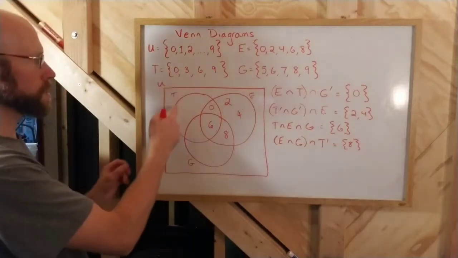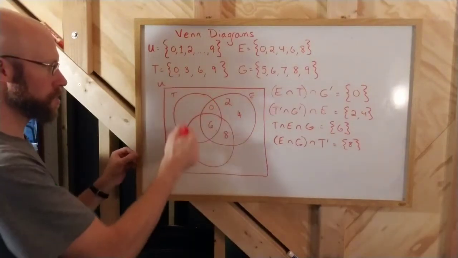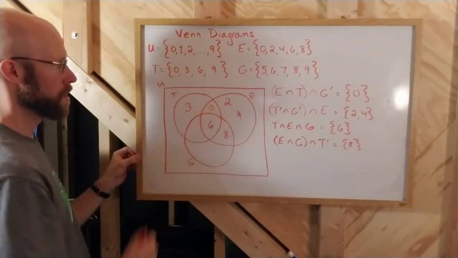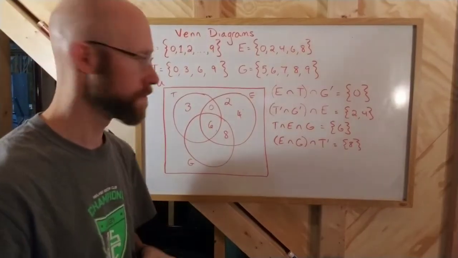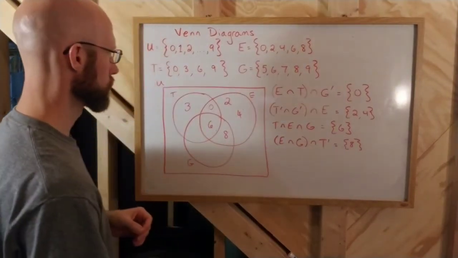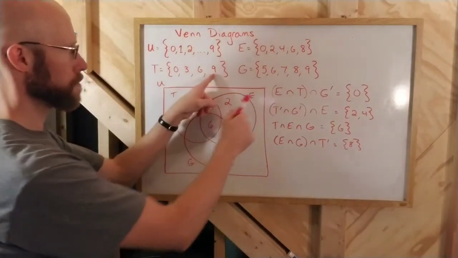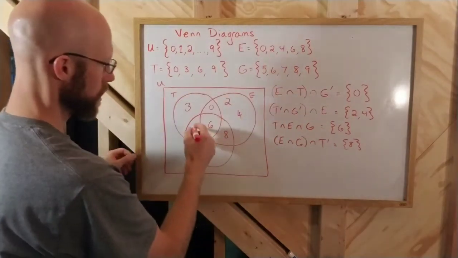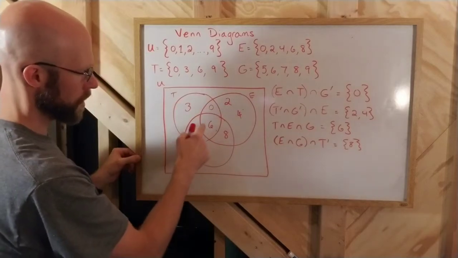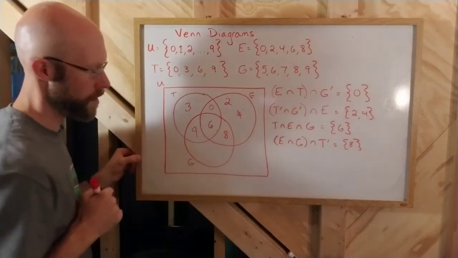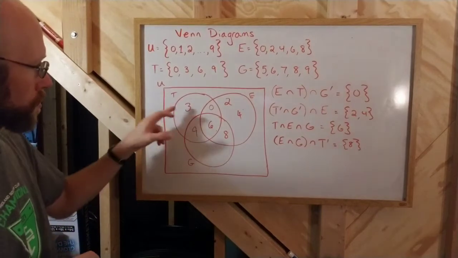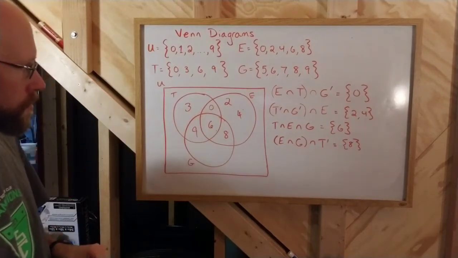So 3 must be in T, but outside of E and G, so it's got to be in that region. And 9 is in both T and G, but not E, which would put it right there. Okay, so 3 and 9, let's get those sets figured out.